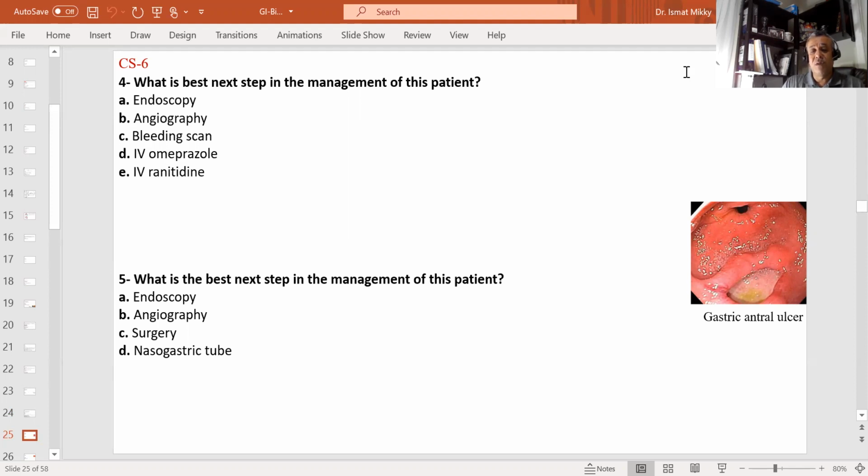The endoscopy should be done concurrently, but the PPI is tried first. The angiography is only recommended for failed endoscopic hemostatic control, because hemostatic control means to stop the bleeding.